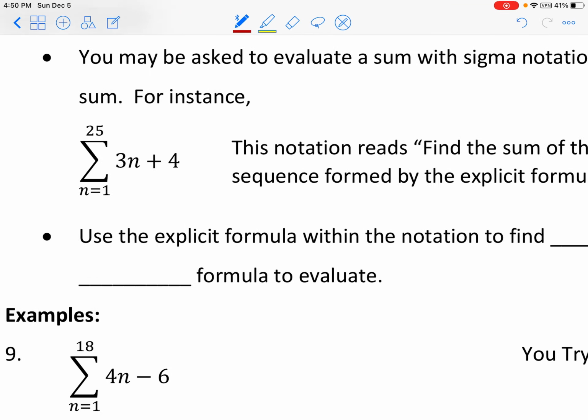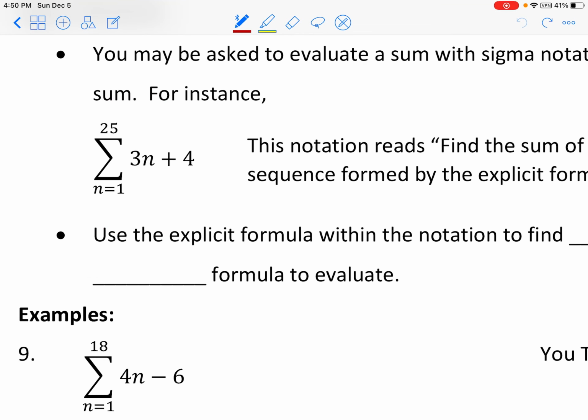So when you see this whole notation here, you're going to read the sigma as find the sum, and it would be from n equals 1 to n equals 25, so from the first through 25th terms of the list that is formed by this explicit formula.